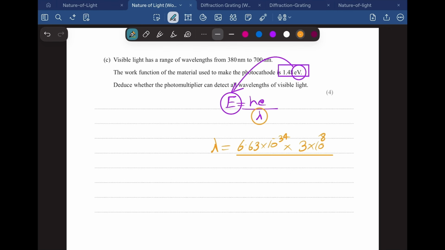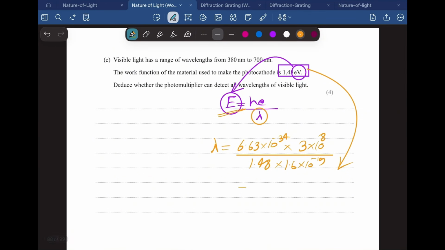Okay, we can actually do the lambda right now. We are figuring out the lambda, so we can just divide by the energy. We convert this into joules, which can be figured out as 1.48 × 1.6 × 10^-19.